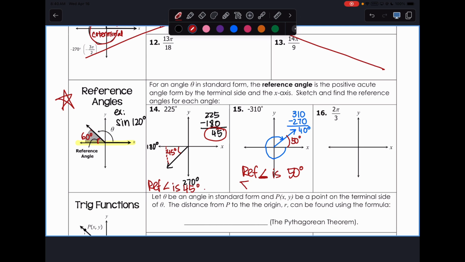Reference angle is less than 50 degrees. Okay? So you want to make sure you're using the right notation. It's got to be very clear and specific. I'm talking to the people who have sloppy handwriting. You know who you are. Okay? I need you to really make it clear that's an angle, not a less than sign. You know what happens if Ms. Bian misunderstands something on your paper. You're not going to be happy.